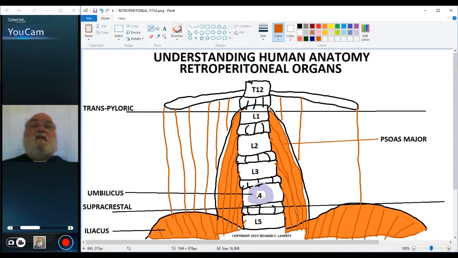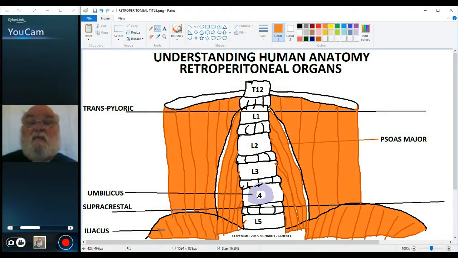It sits in the back helping form part of the body wall. And again, we'll fill this in.